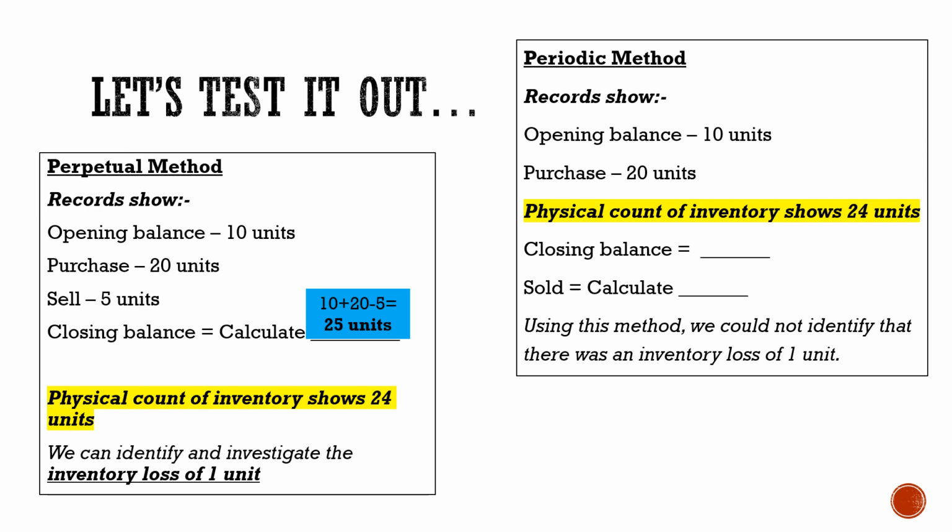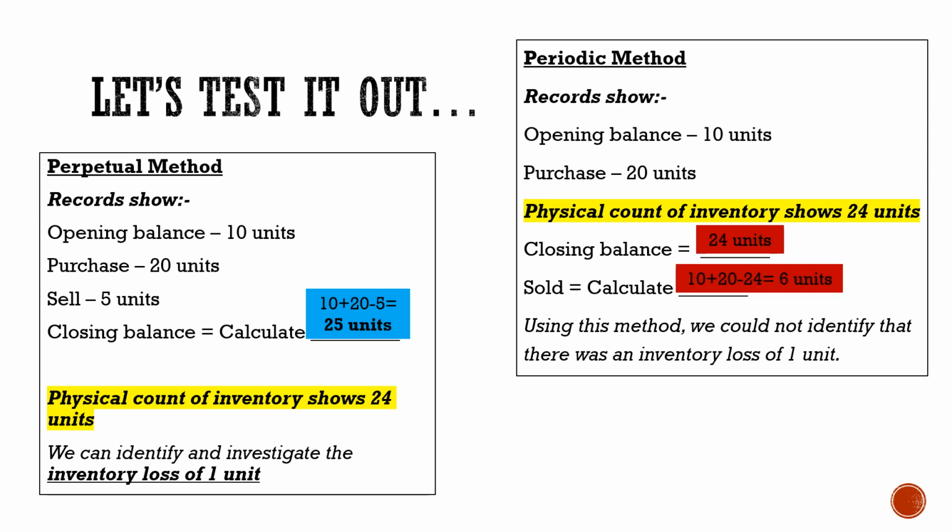But because we do not keep track of the ins and outs of the inventory, we do not know exactly how much we have sold. So what we are doing is to simply rely on the physical count of inventory on hand, which revealed that we had 24 units. The business would then use this as the closing balance.